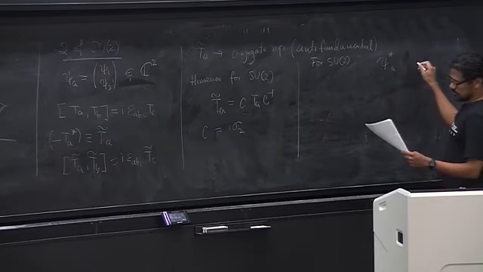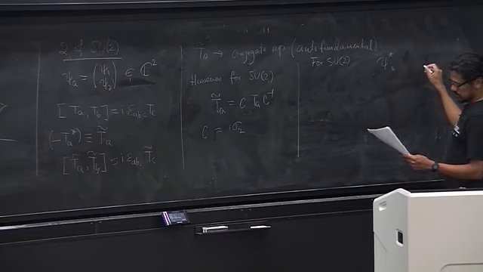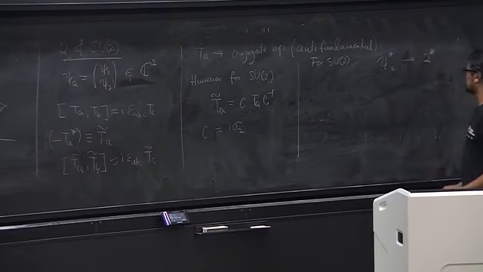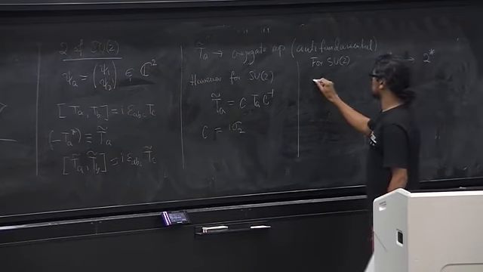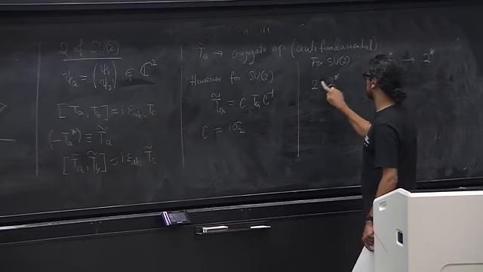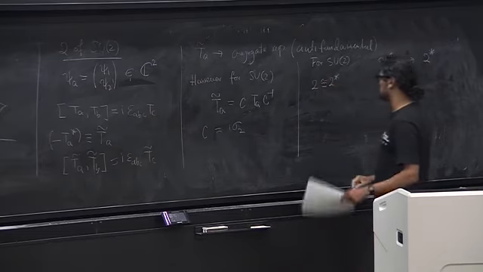And for SU2, the notation we use is 2 star. So for SU2, 2 is equal to 2 star, or 2 is isomorphic to 2 star.